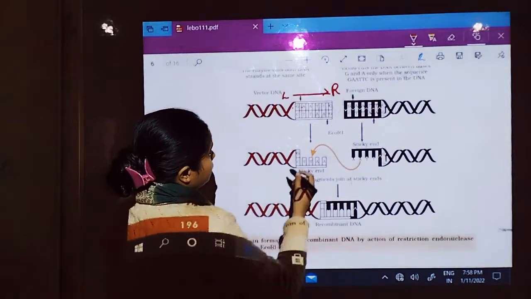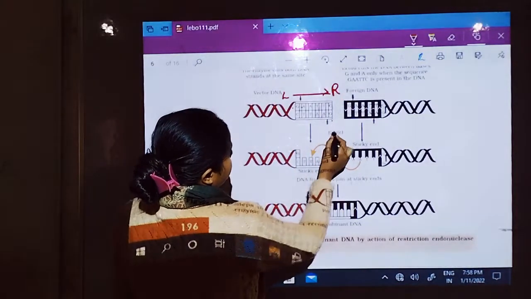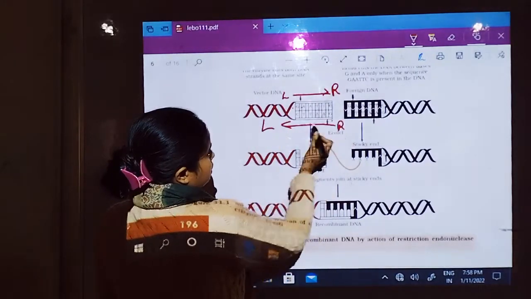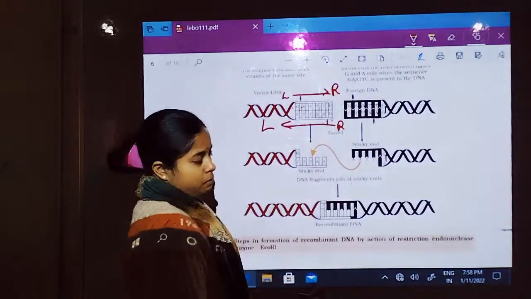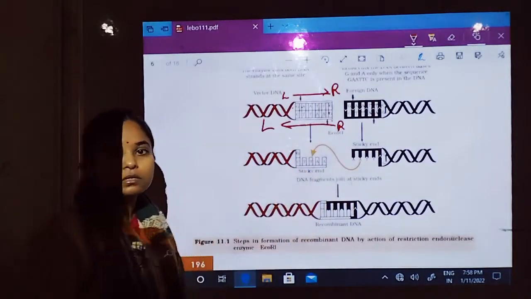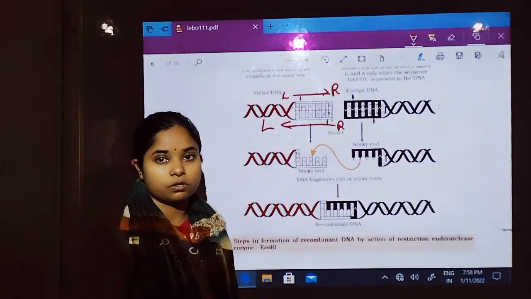When we read from right to left, the sequence is the same, GAATTC. So that's why it is known as a palindromic sequence.